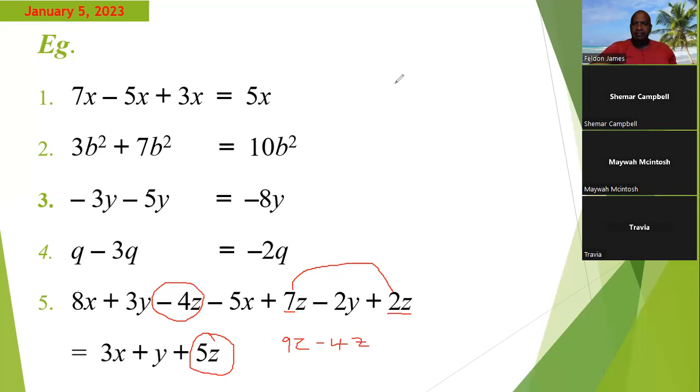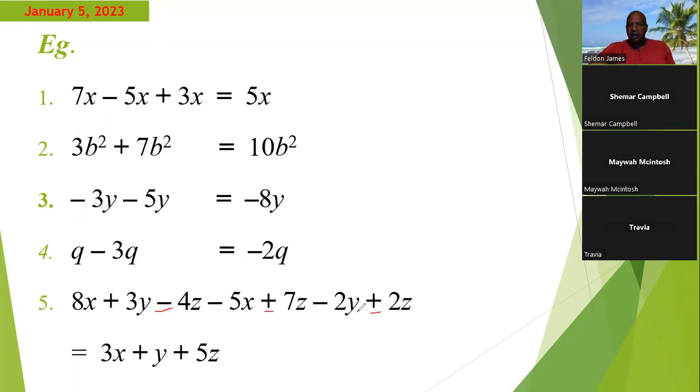You follow? Yes. Right. So when you're adding them, you're not just adding them based on the coefficient. You have to pay attention to the sign that is in front of them. The sign in front of them tells you whether they're positive or negative. And so you know that when you're dealing with integers, you have to add them based on the sign, right?